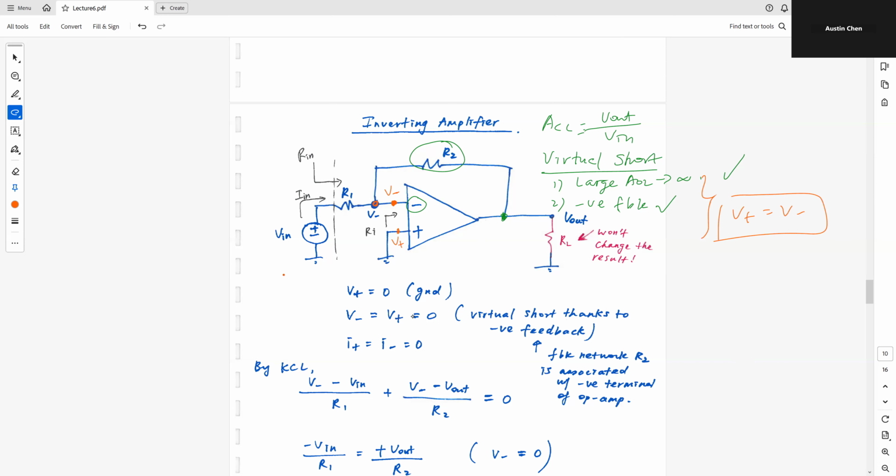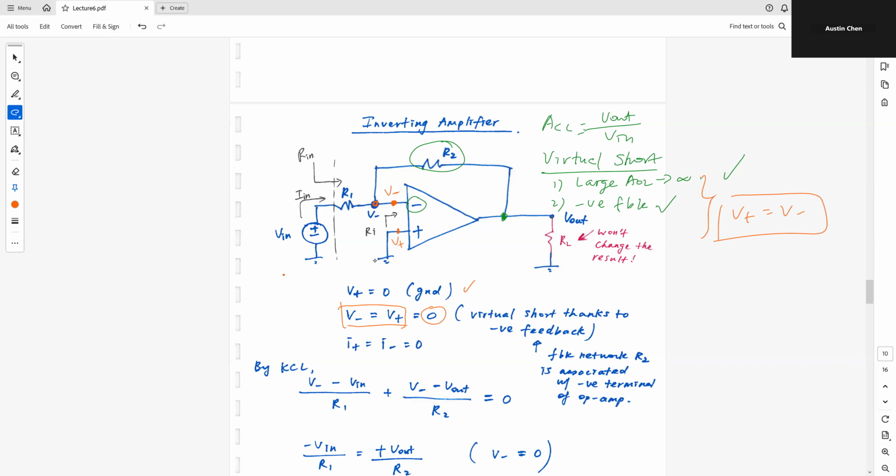And what is V plus? V plus is nothing but 0, because this is grounded. We made this conclusion knowing that we have virtual short, so V minus is therefore also equal to 0.